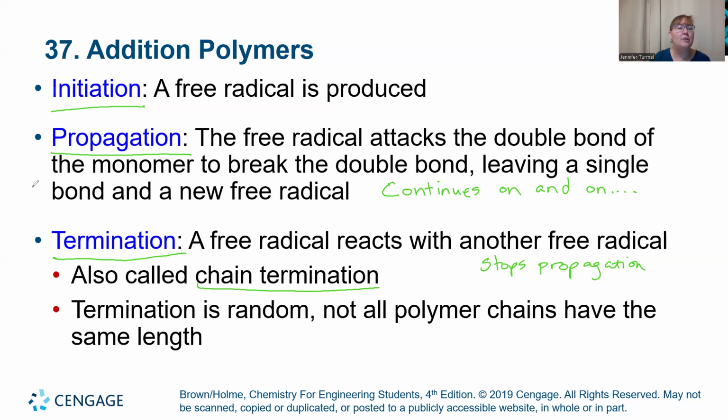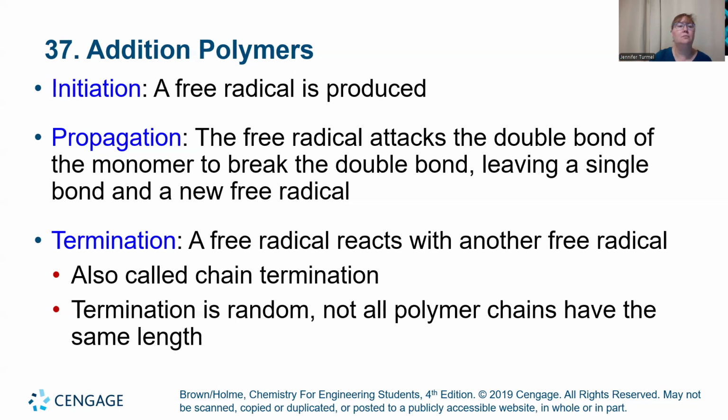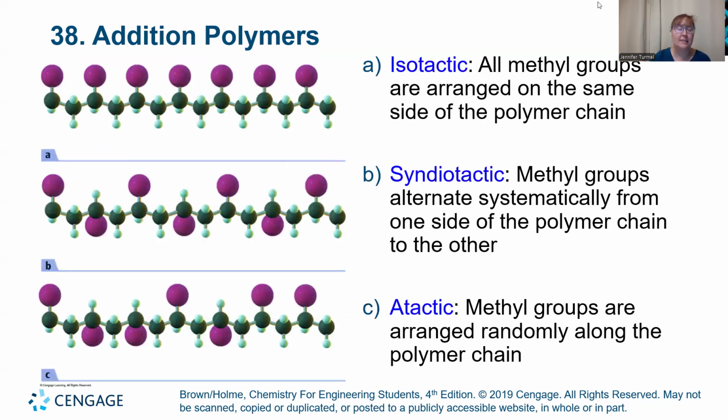So we have one more slide here. Let's take a look at some different forms of our polymers. The first one here is something called isotactic. So this goes with A. This is our isotactic polymer.